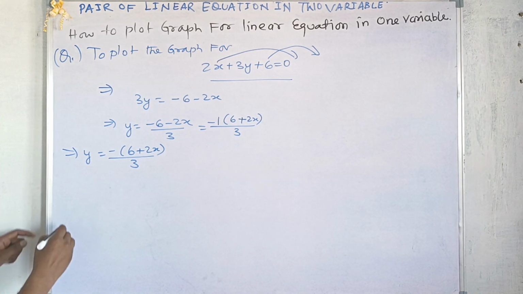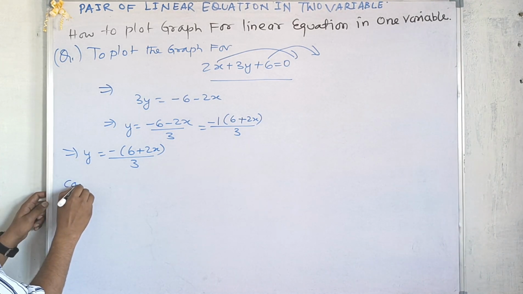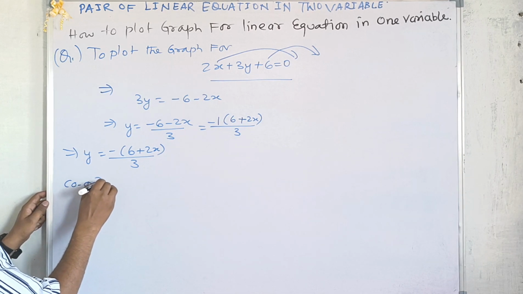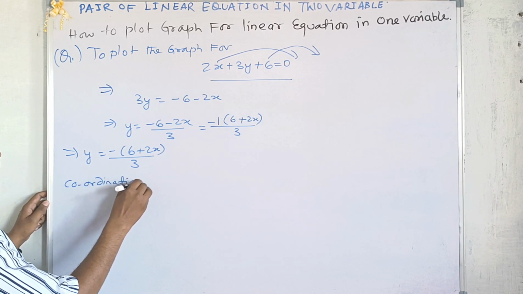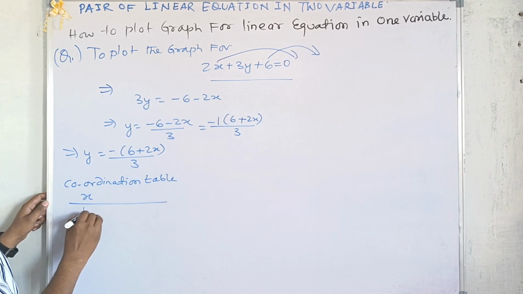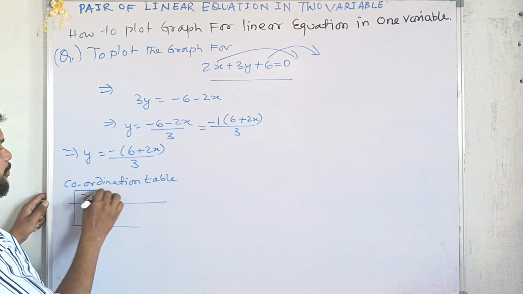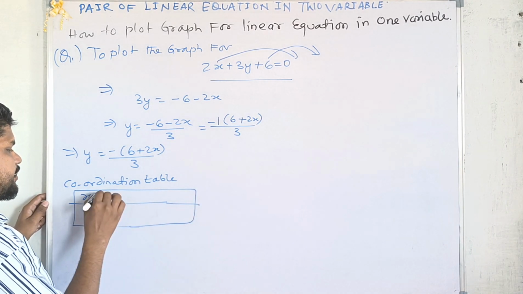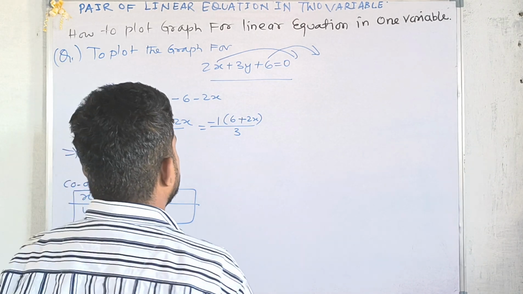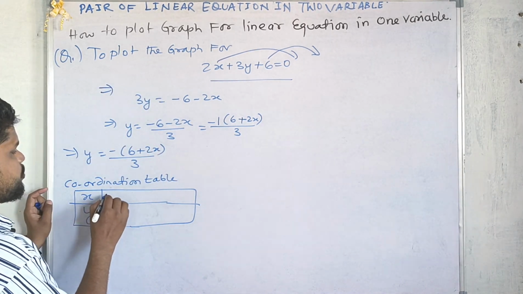Okay. Now one by one we will make a coordinate table. We will put the value of x and we will get the value of y. So what if I put the value of x equal to 0?